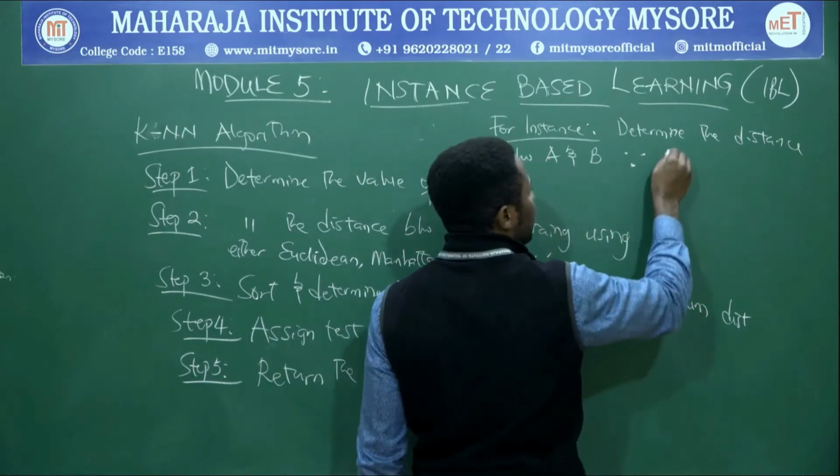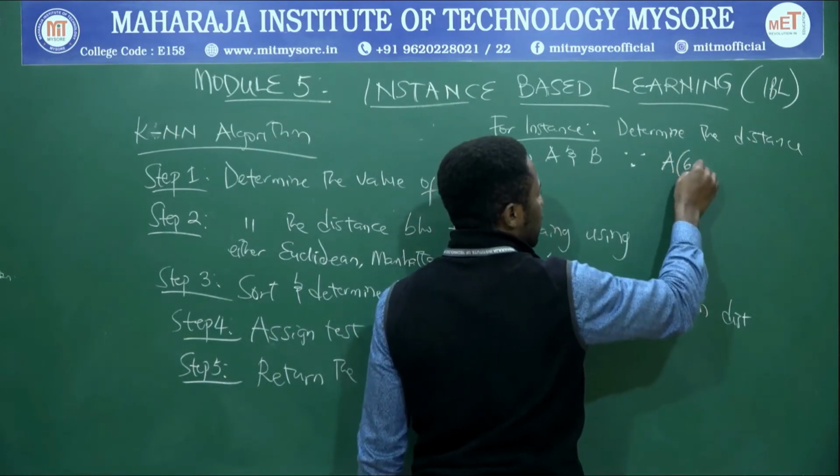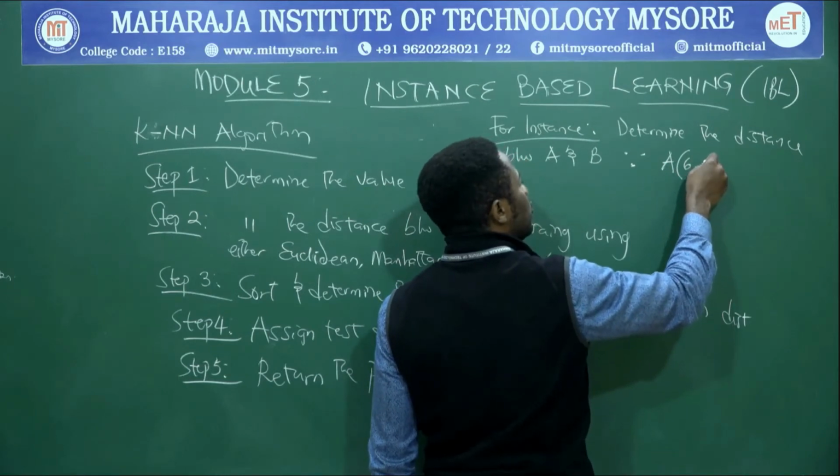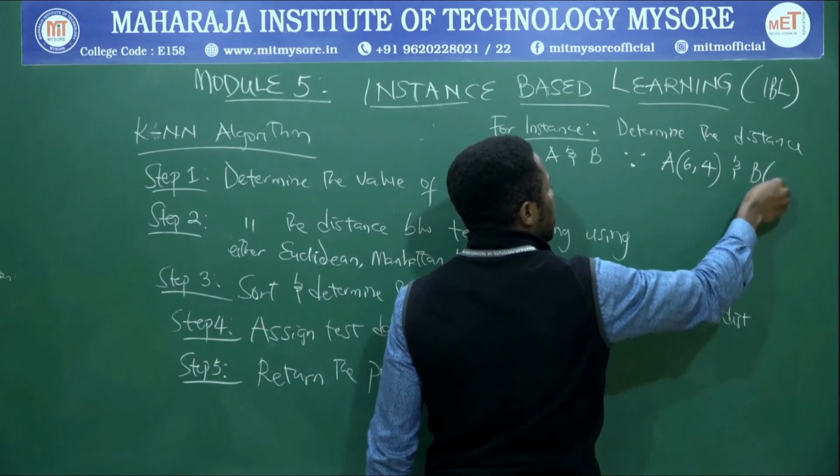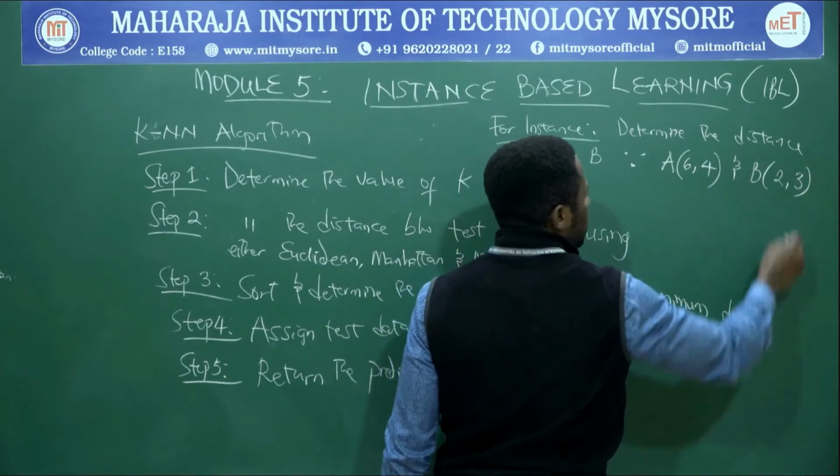Such that here I have A as maybe 6, 4, and B, maybe 2, 3.